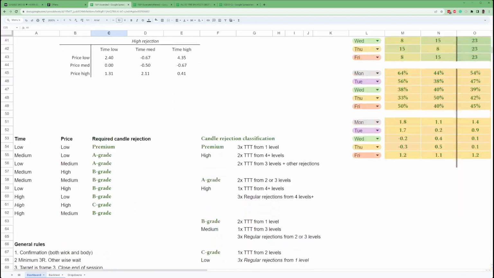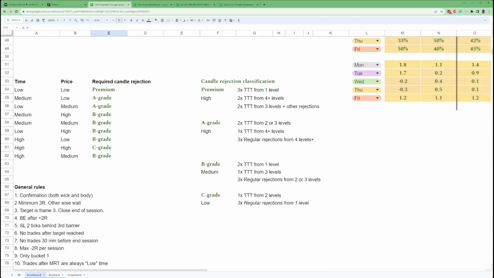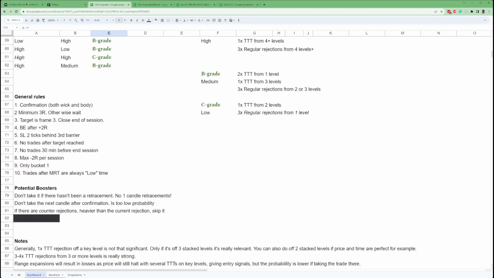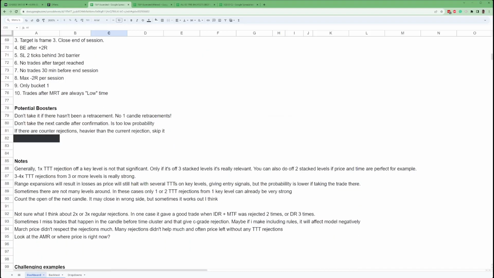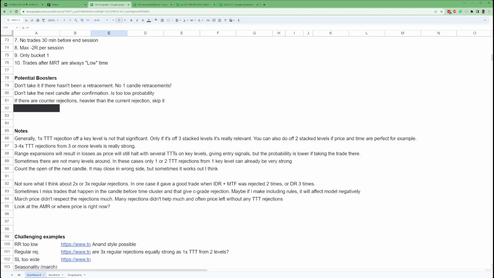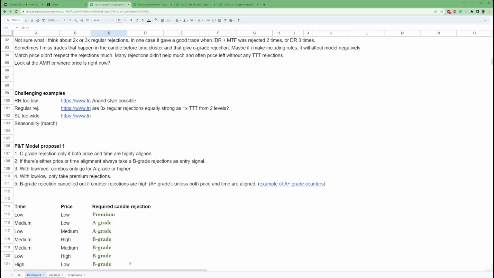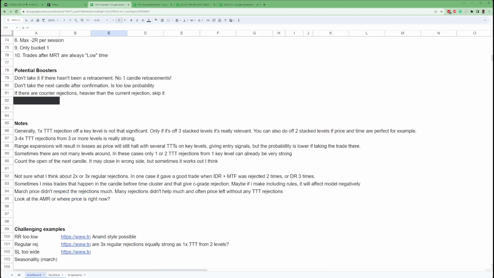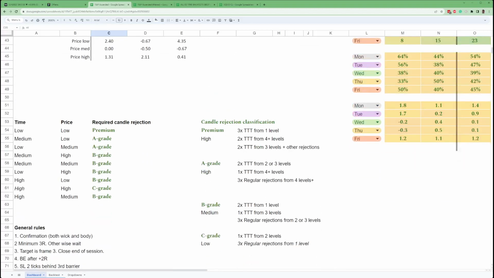I basically started also looking at different ways to improve this setup, because now we know, of course, when we should enter, and we also know where our target is.